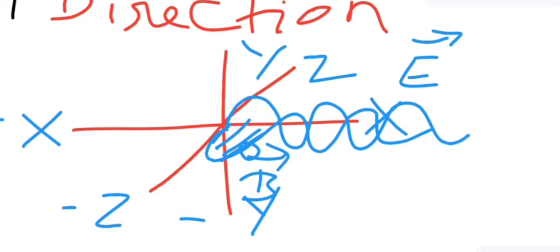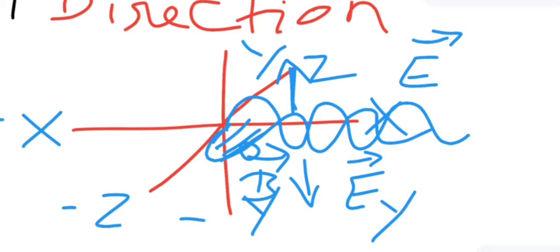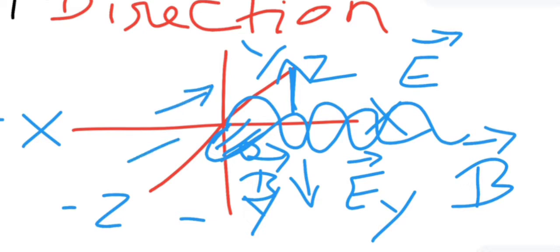So now we can say that E is along, because up and down is the electric field, that means it is along Y. And what about B, the magnetic field? It is inward and outward, towards the whiteboard and towards you.